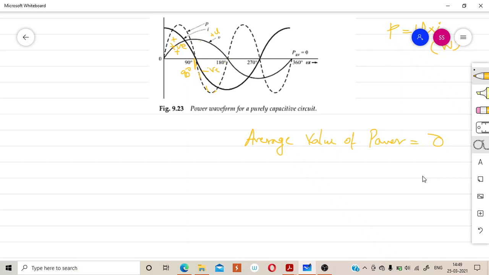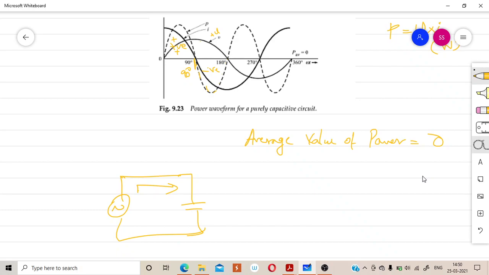From 0 to 90 degree the power is positive, that means power flows from source to load, as indicated in this direction in this figure.